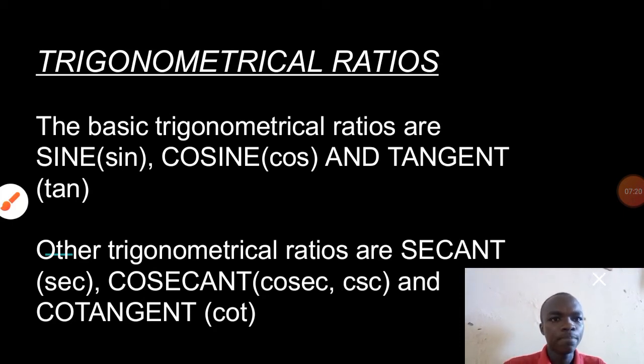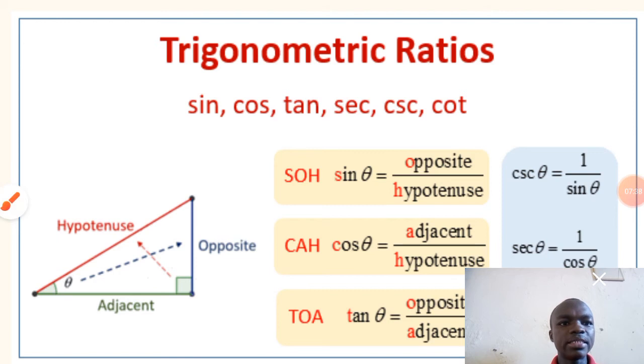But basically the ones we are going to be using are sine, cosine, and tangent. These are the basic ones we are going to be using. So let's see how they are related.